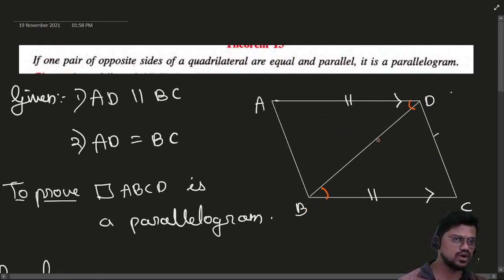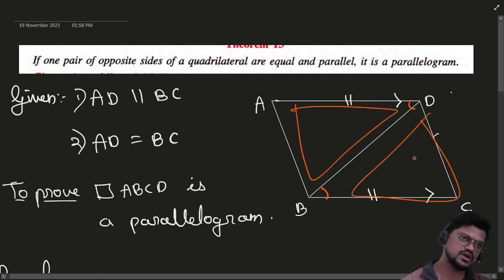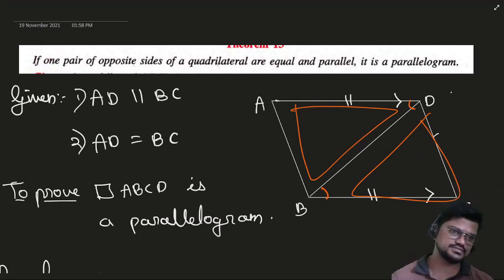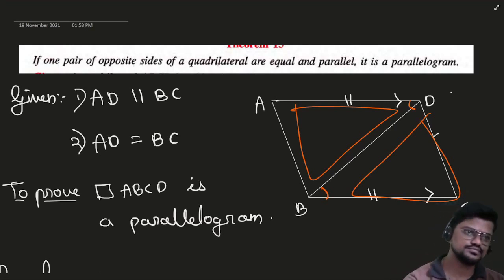Since the two triangles are congruent, the area of both the triangles will be equal. So what we can say is that the diagonal bisects the parallelogram. That is, the diagonal is dividing the parallelogram into two equal parts. Yes or no?